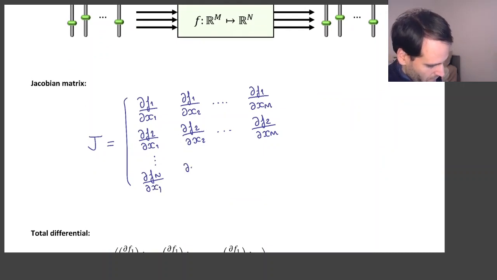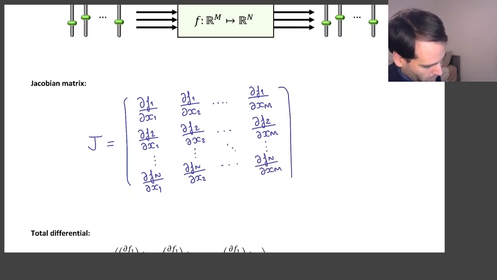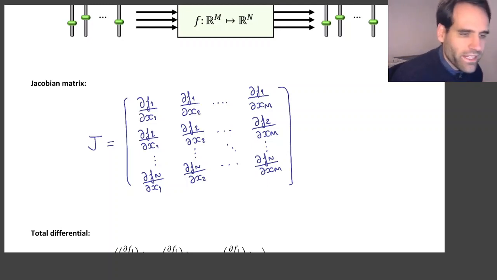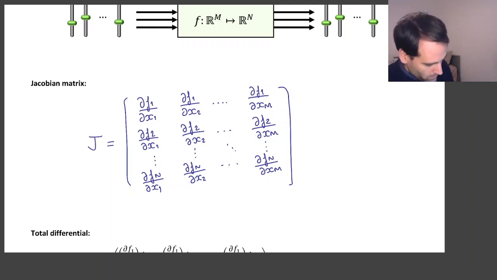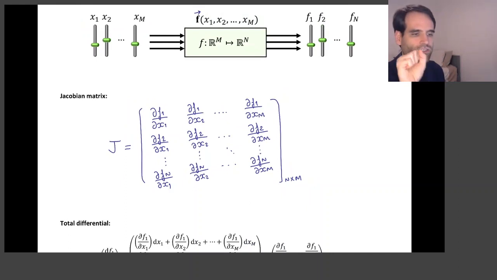Then the partial derivative of fn with respect to x2, all the way up to the partial derivative of fn with respect to xm. Okay? So in this way, we fill in a grid which has n rows and m columns. And this is a matrix which contains all of the first order partial derivatives.